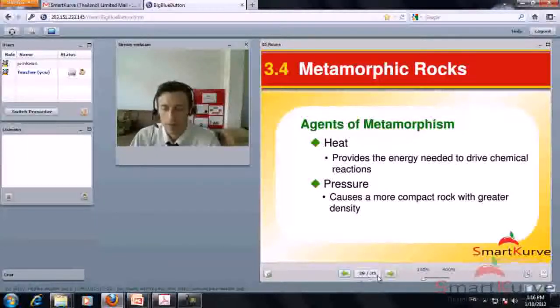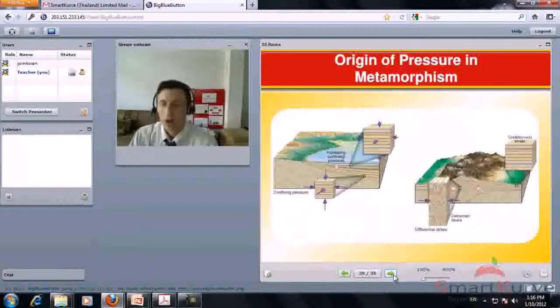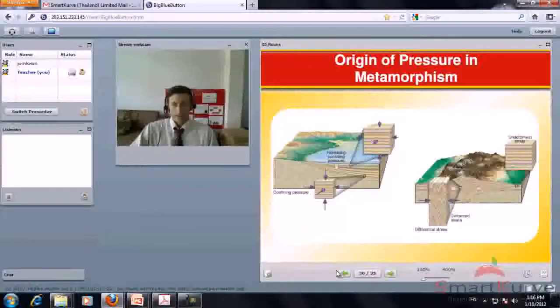Agents of metamorphism on page 29, heat and pressure. You can see good examples of all of this on page 30. On the left, we see those layers, just like earlier in the presentation, the layers of yellow and gray and white and pink rock, that sedimentary rock.